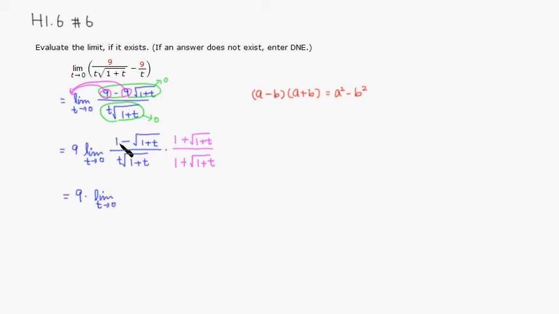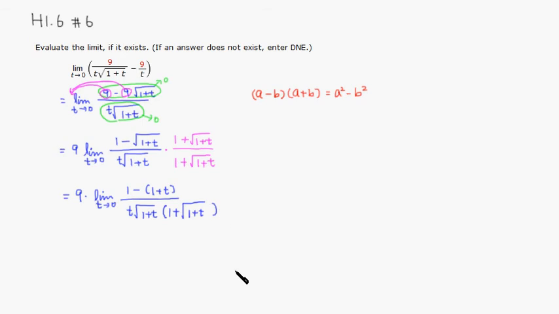Here, a minus b times a plus b: 1 squared would be 1 minus the square root of 1 plus t squared, which would be 1 plus t with the parentheses. On the bottom, there's nothing you can really do, so you have t square root of 1 plus t, and then 1 plus square root of 1 plus t.